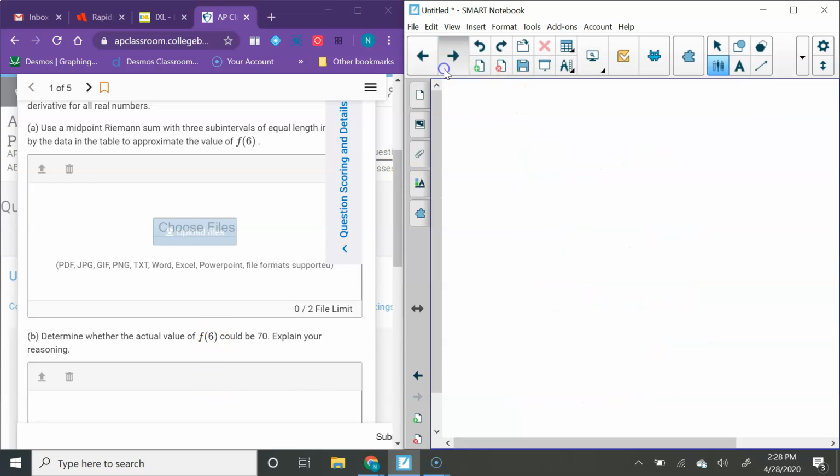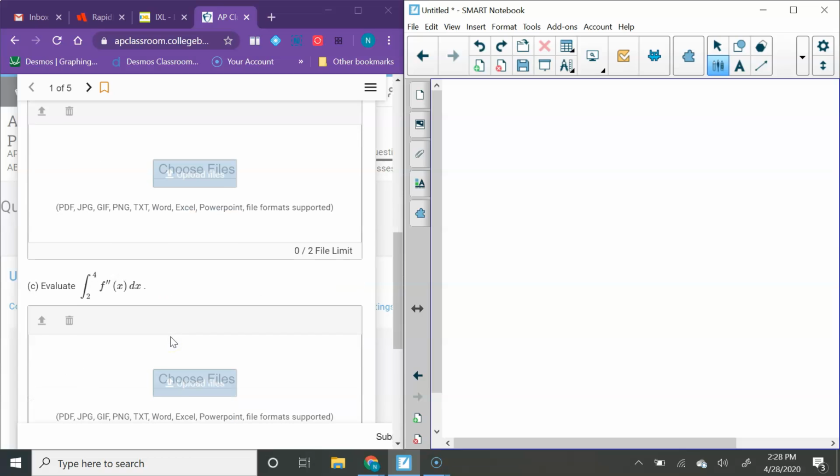All right, let's go on to part C. Part C asks you to evaluate the integral from 2 to 4 of f double prime of x. This is another fundamental theorem of calculus problem. So we don't know f double prime of x.